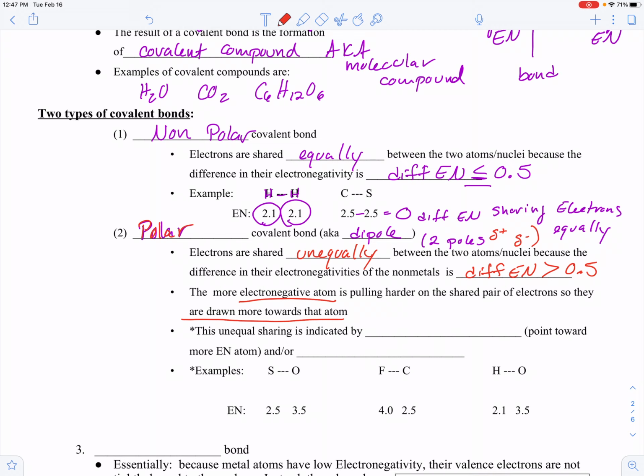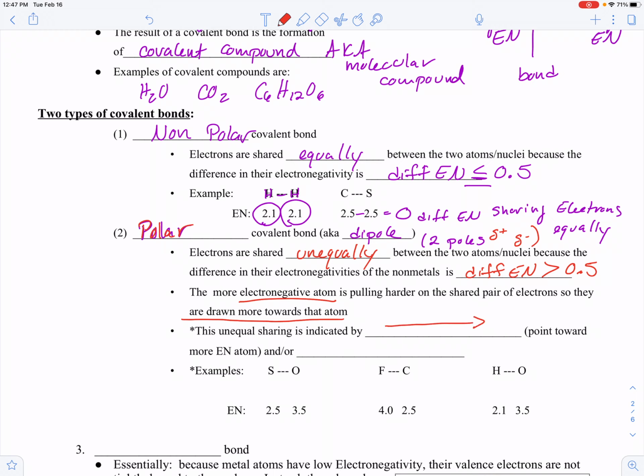The atom that has the electrons further away from it is going to end up with a partial positive charge, because its nucleus has a positive charge and the electrons are being pulled slightly further away from it. This unequal sharing is indicated by a dipole.